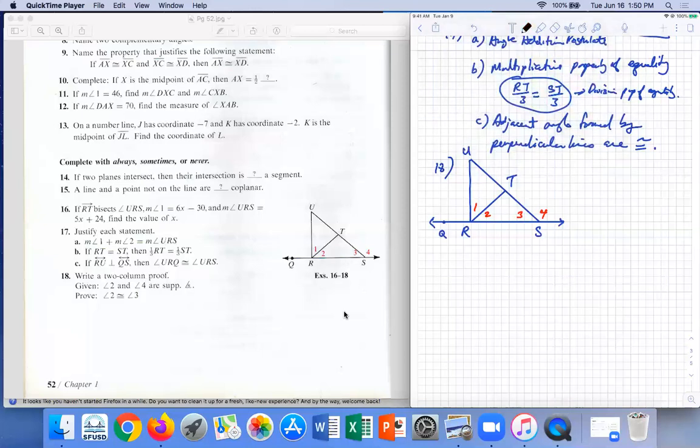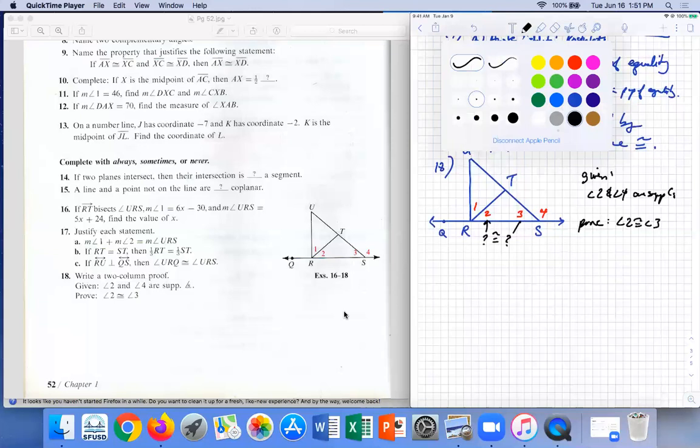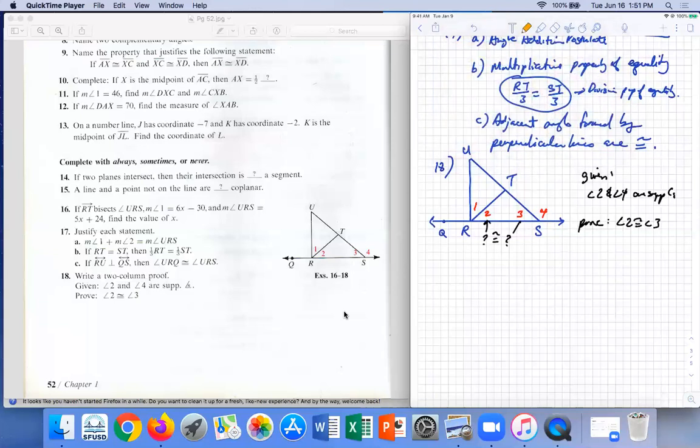All right, so let's say given angle 2 and angle 4 are supplementary angles. You're trying to prove that angle 2 is congruent to angle 3, right? Are these two congruent? You're given that 2 and 4 are supplementary. So what I like to do is write down different notes.